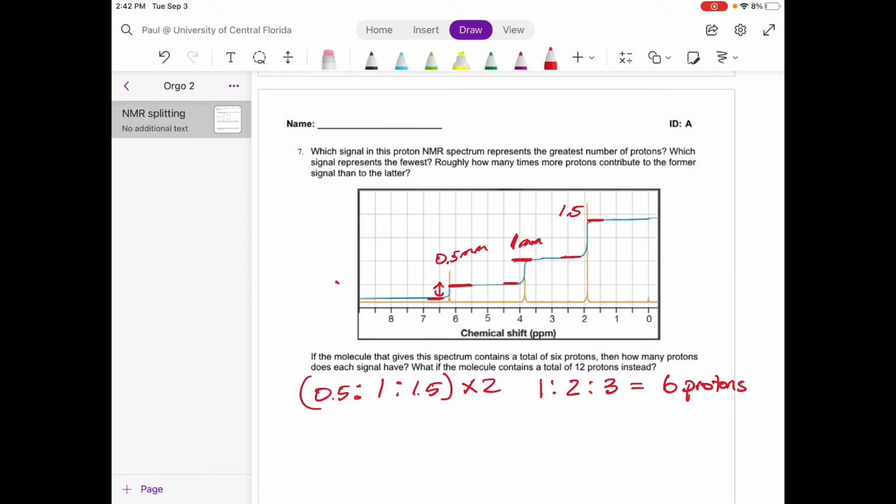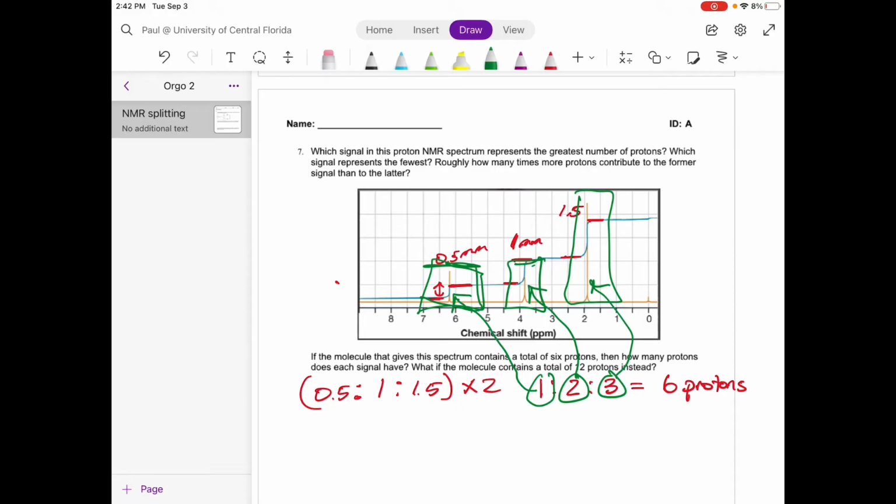So what we can say now is that this corresponds to that signal, that to that signal, and that to that signal. This signal right here is a species that has 3 hydrogens, or that signal corresponds to 2 hydrogens, and that signal right there corresponds to 1 hydrogen.